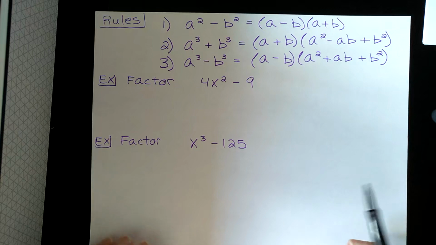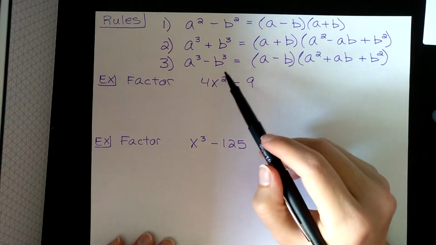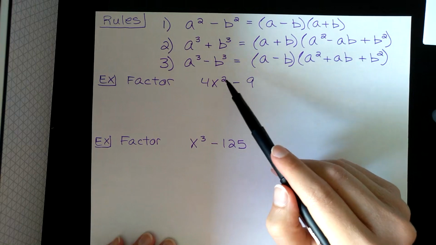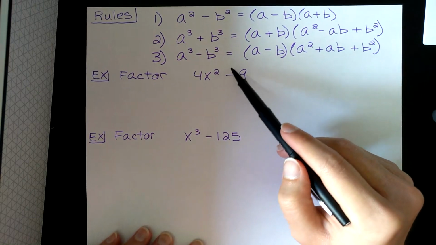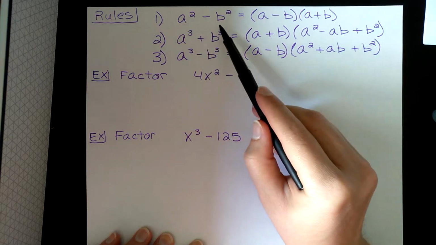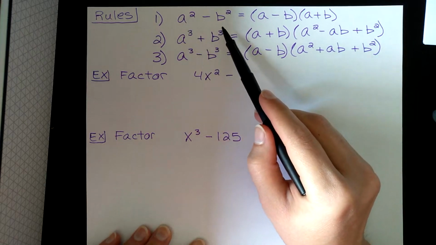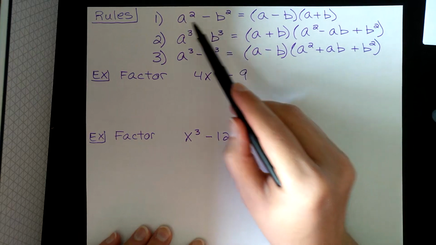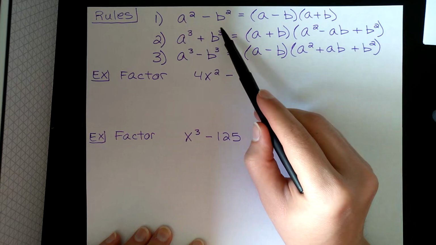So from here, we just have a few rules left to talk about. These are special factoring cases, which allow us to skip guess and check or middle out method. This first case is one that we've talked about in a previous video when we were multiplying polynomials. This is the difference of squares case.